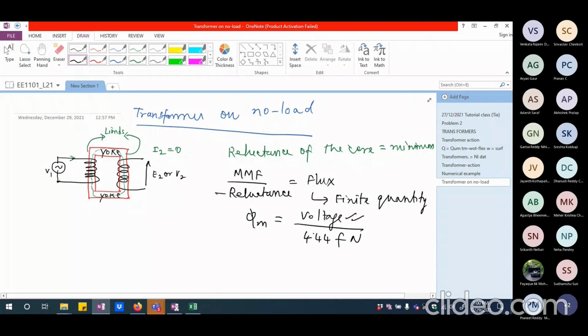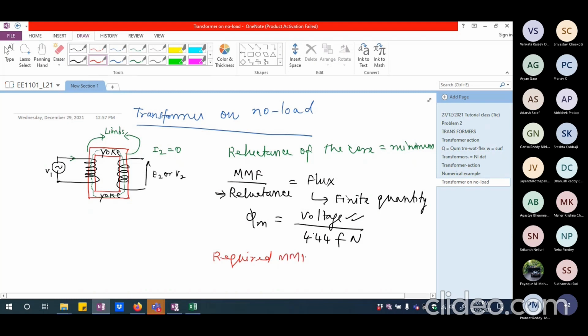So the flux is a finite quantity, and the reluctance is really, really small. So the required MMF is going to be really, really small when I'm talking about a transformer having ferromagnetic material as the core material.